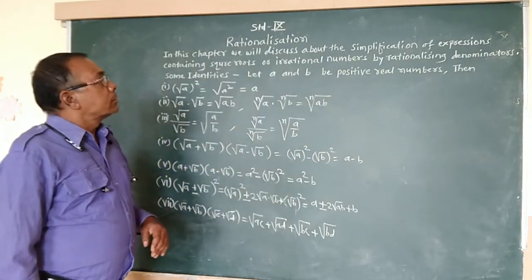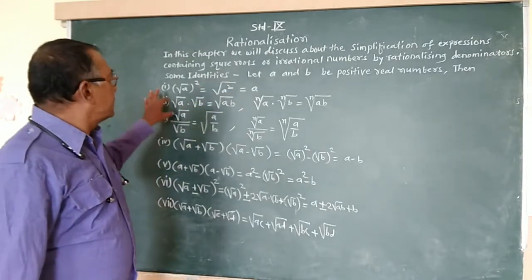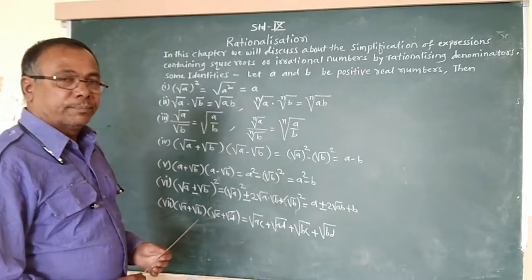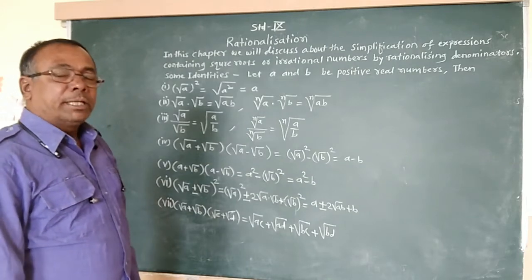Before going to rationalization, we will discuss some identities. Let a and b be real numbers.